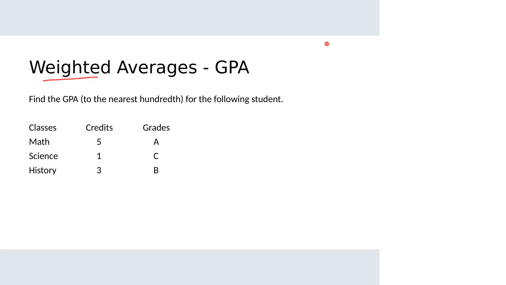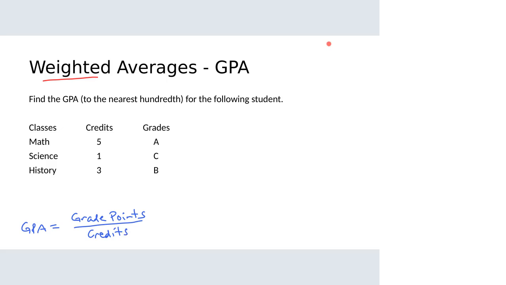The formula, if you want to call it that, that's used to find grade point average is the total number of grade points earned divided by the number of credits taken. So that's how we're going to find the GPA for this student. We have to figure out how many grade points they earned and then divide that by the number of credits that they're taking.